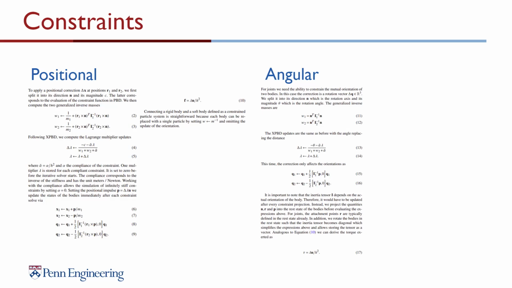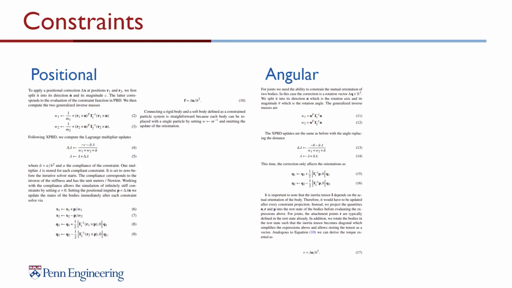If you have a joint constraint, let's say a rotation joint, then you have an angular constraint and also some kind of position constraint. You just have to add them up and resolve the constraint. Those constraints are well written in this paper.